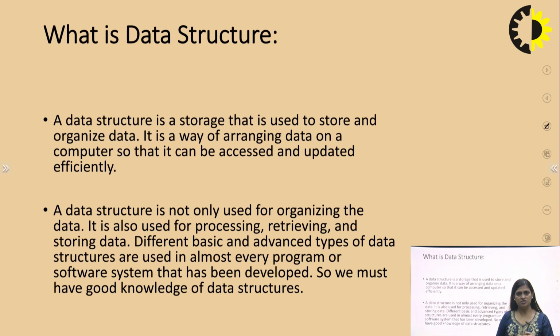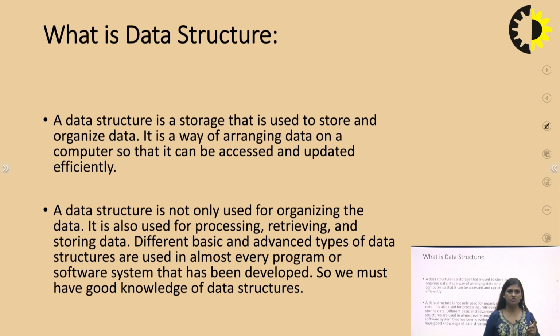Data structure is a combination of two words, data plus structure. Data means raw facts and figures, and structure means organized data. It also includes the various operations performed on the data.